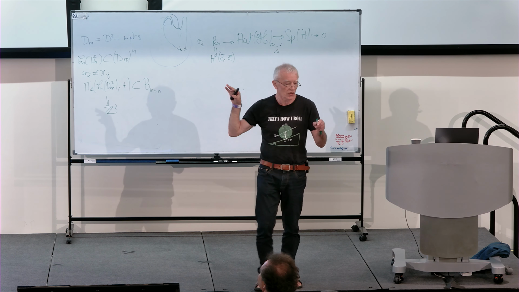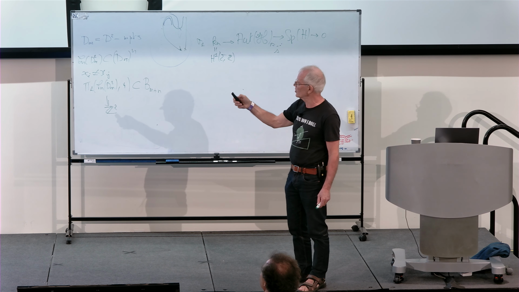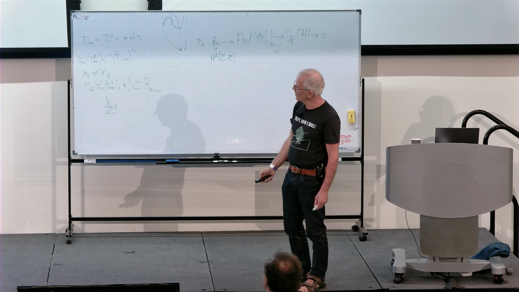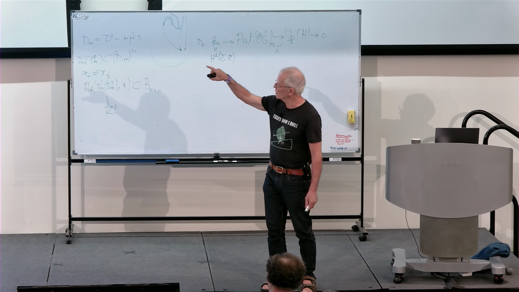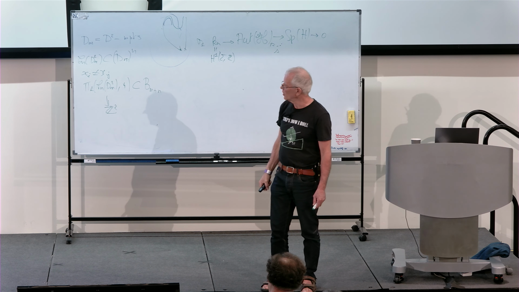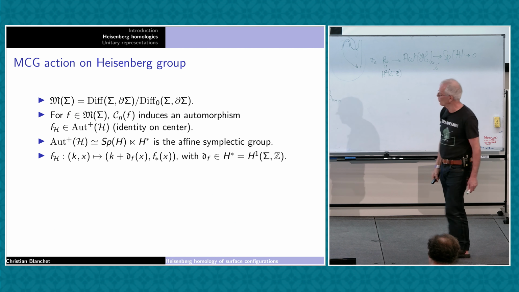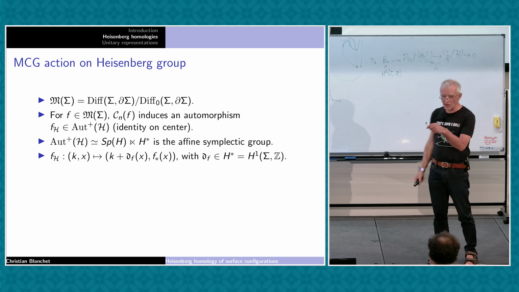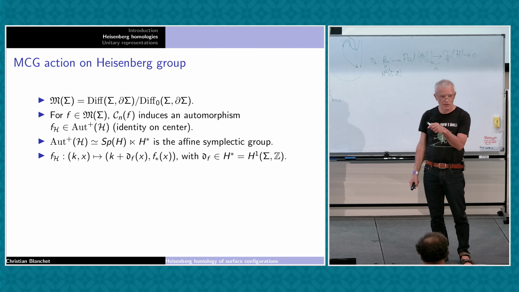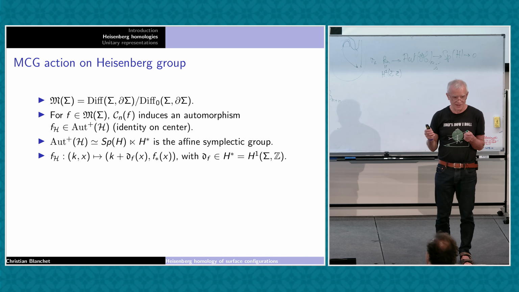So this is a little bit of an aside. I will come back later to the homology, but this is an interesting aside: if I take this action of a mapping class on the Heisenberg group, I will send the central part k to k plus a correction at the level of the center, and x to f star of x at the level of homology. And this correction is an interesting guy.